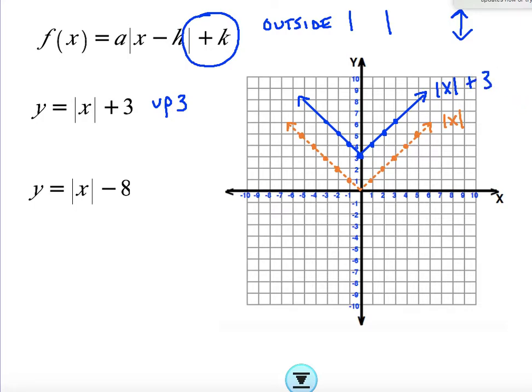And then this one right here, you are subtracting 8 on the outside of the absolute value, so that is a shift down 8. So I'm going to go back to the original, the orange, and shift all of those down 8. So all of these get shifted down 8.